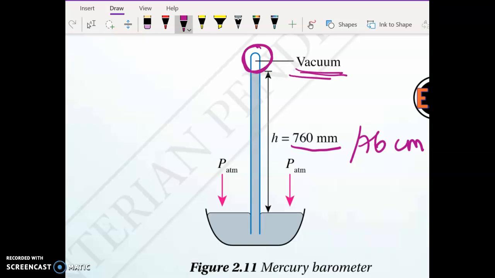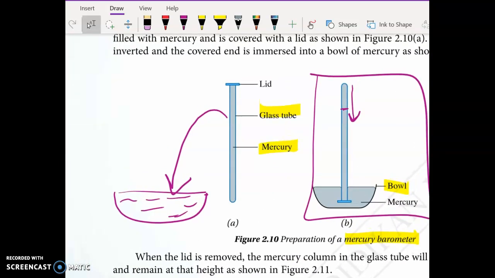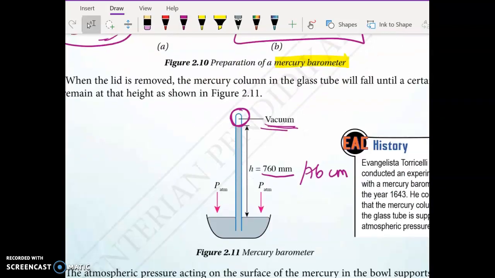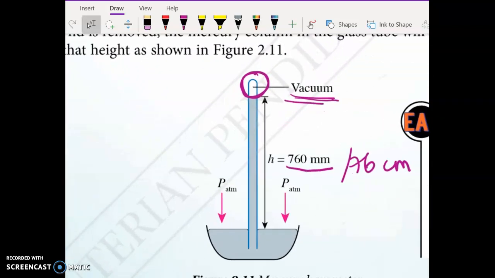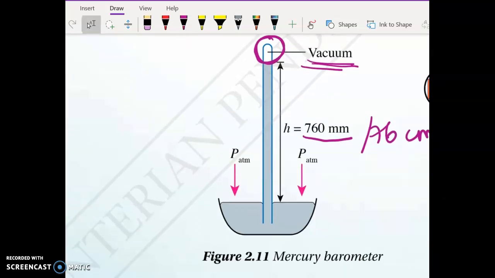It is not air, it is vacuum, because in the first diagram we filled the tube with mercury right to the lid. So when the level of mercury drops, the space above it is vacuum. It has no particles or anything else.